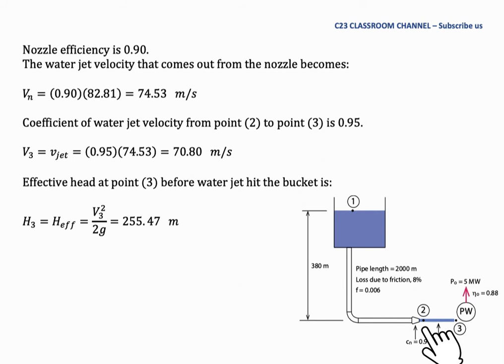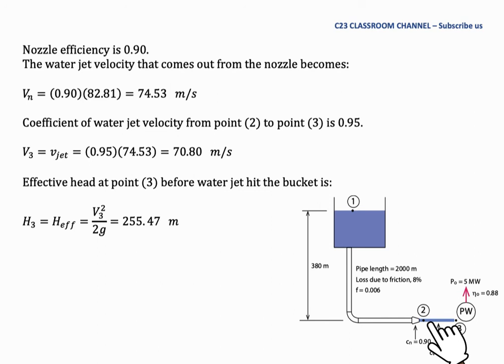So after the velocity overcomes the friction in the nozzle, the velocity that comes out at point number 2 is actually 74.53 meters per second.